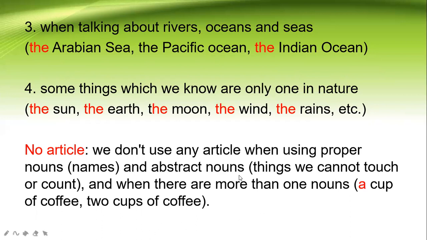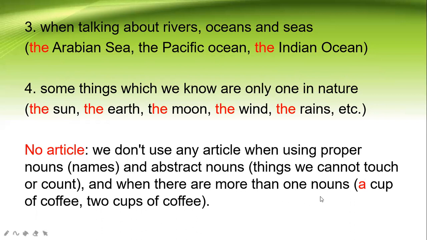And abstract nouns. What are abstract nouns? Things that we cannot touch or count. That is feelings such as happy, sad, joy, right? We don't say "the happy", "the joy". Okay, we use "the joy", but only in a few cases.